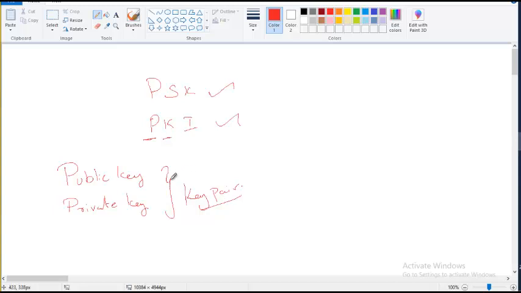You see, when I lock my door with my key, only I can come and open it because I only have the key. No one else has this key. Using two keys is more secure.